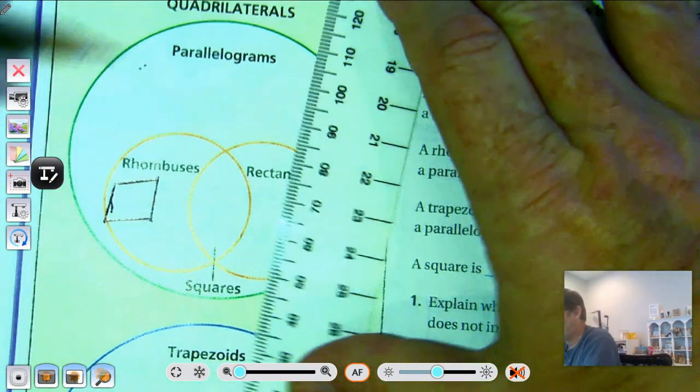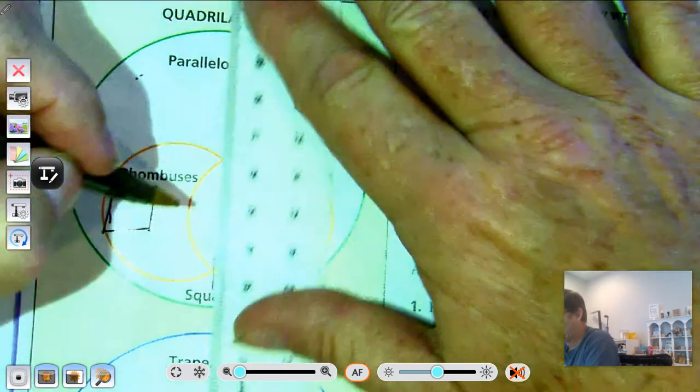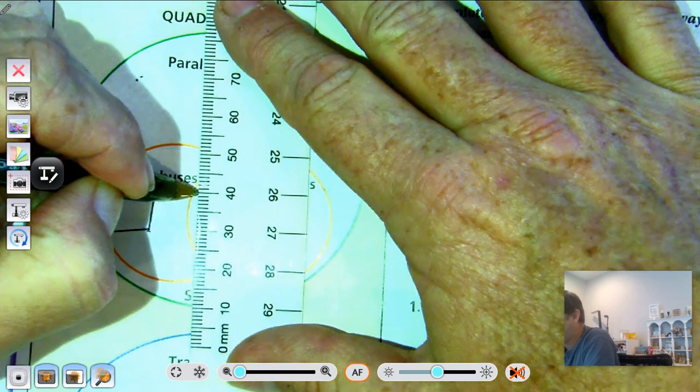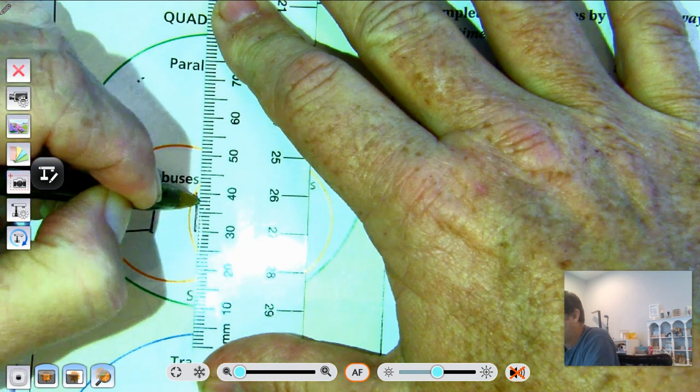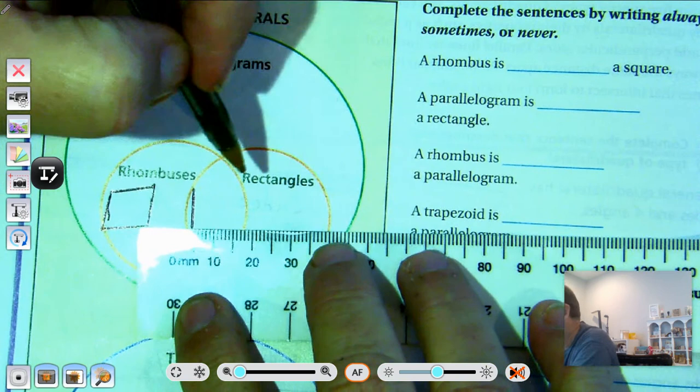A square could be both a rhombus and a rectangle, again, would have equal sides. But we know the square has to have right angles.